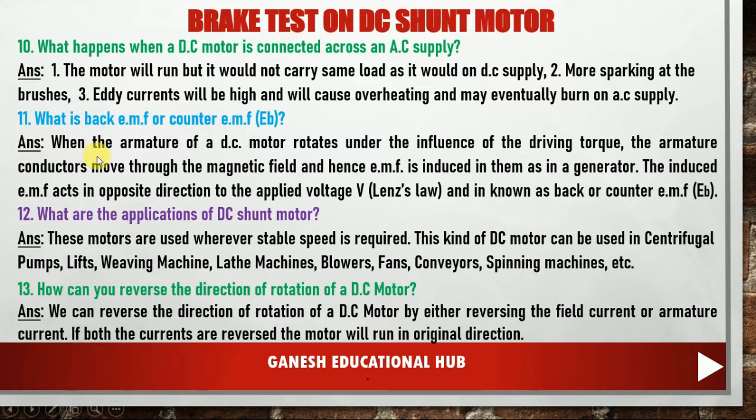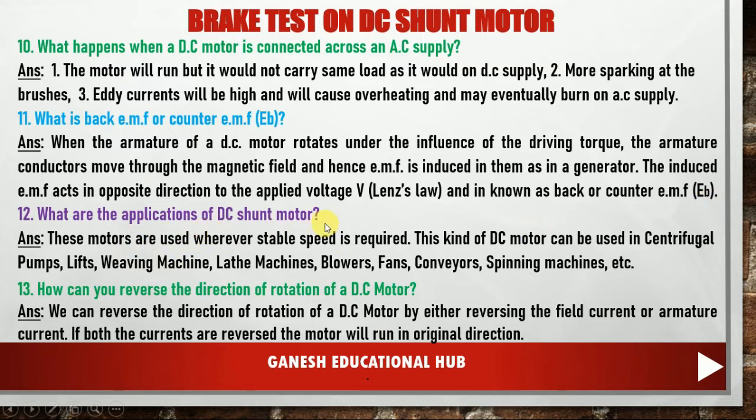When the armature of a DC motor rotates under the influence of the driving torque, the armature conductors move through the magnetic field and hence EMF is induced in them as in a generator. The induced EMF acts in the opposite direction to the applied voltage V according to Lenz's law, and it is known as back EMF or counter EMF. It is represented by Eb.